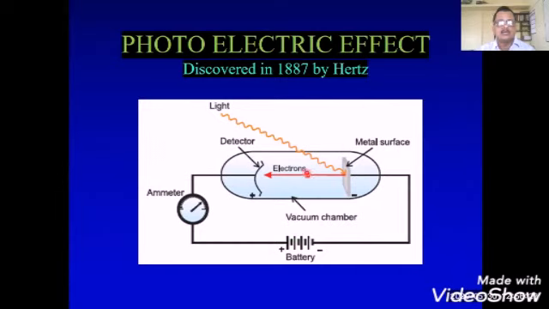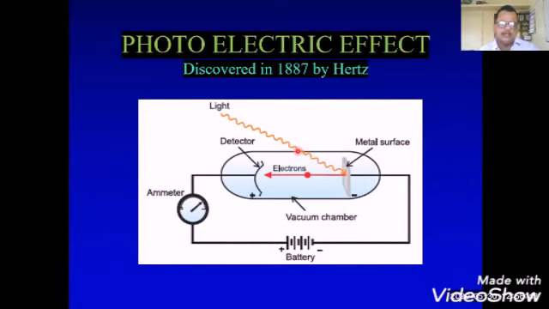The lower the wavelength of the incident light, the higher will be the kinetic energy, or the higher will be the velocity of the ejected photoelectron. So there were two things that could not be explained. One, that the velocity of the photoelectron does not depend upon the intensity of the incident light; in fact, it depends upon the wavelength of the incident light.